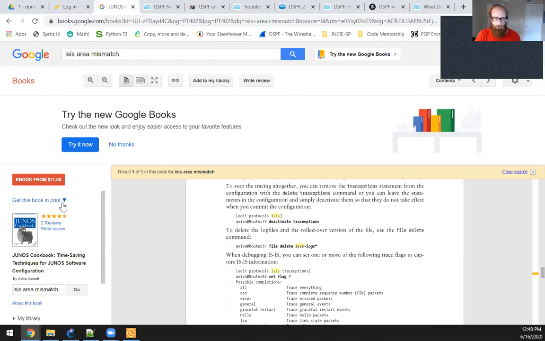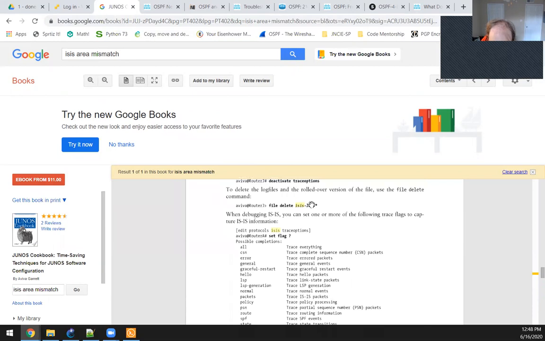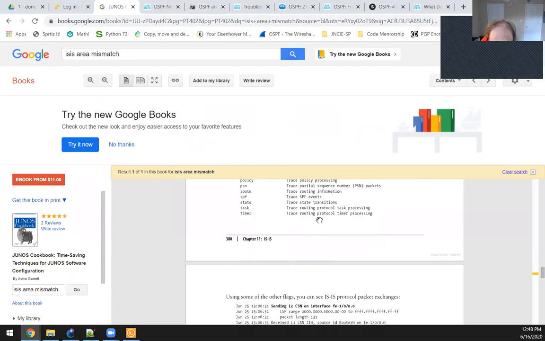This actually looks like a pretty good book. Might want to pick this one up, because it's showing you how to do trace options and stuff.